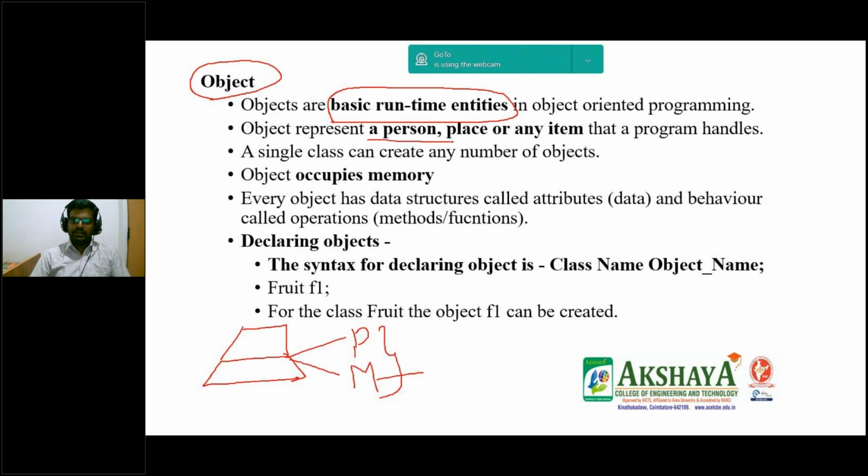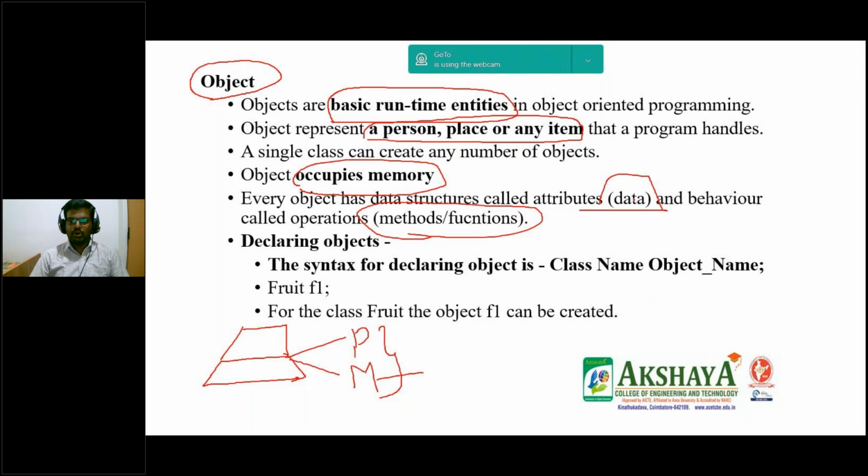It can be a person, place, or item. Anything in this world is an object. Let us take an example of computer. This object occupies a certain amount of space in the computer's memory. As I told already, an object consists of properties and methods. Properties is nothing but data, and operations is nothing but methods.